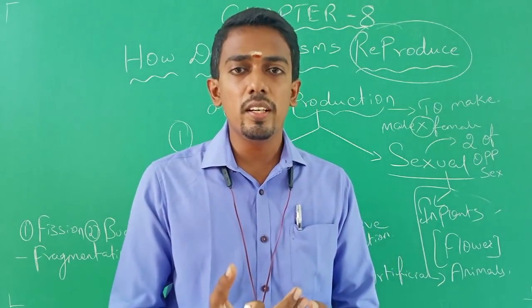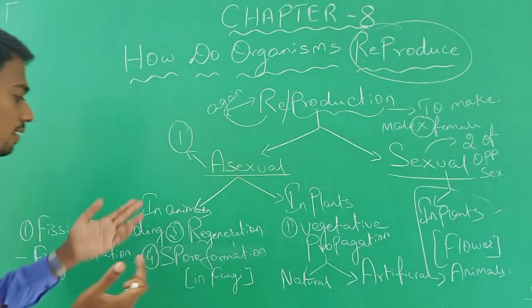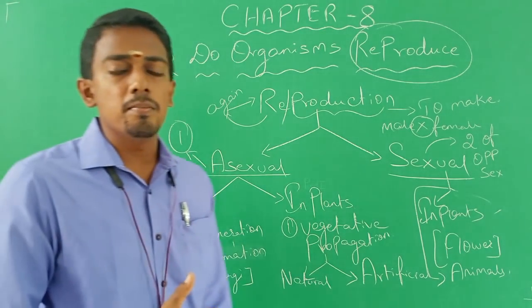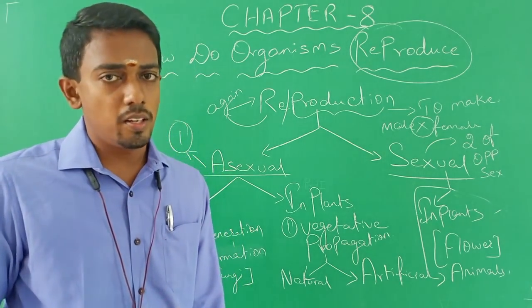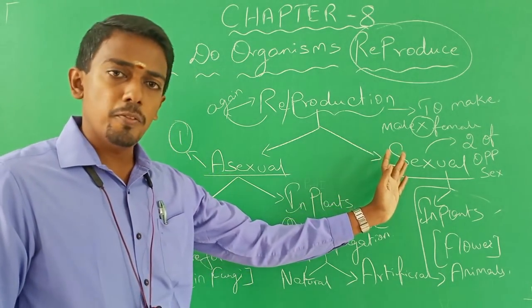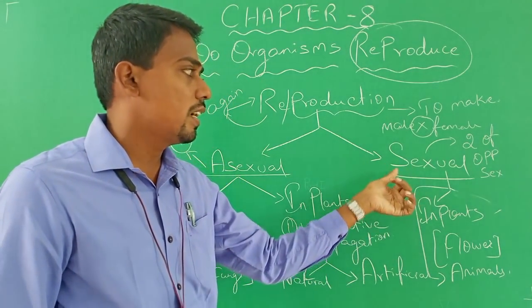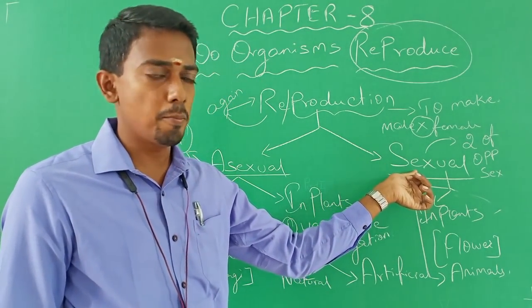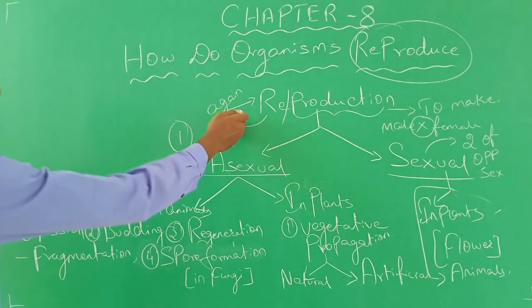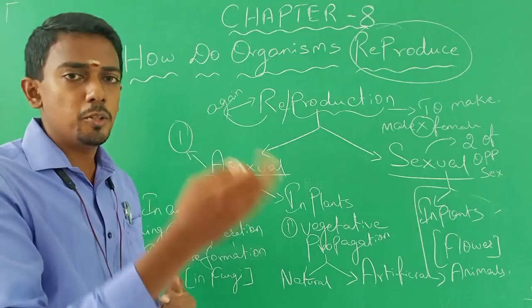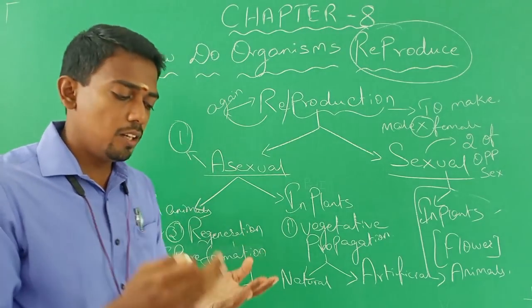Such cell division is simply called fission. Most primitive organisms prefer asexual reproduction, and most highly advanced or high order organisms in your evolutionary chart prefer sexual reproduction.